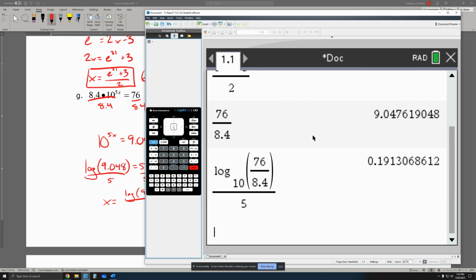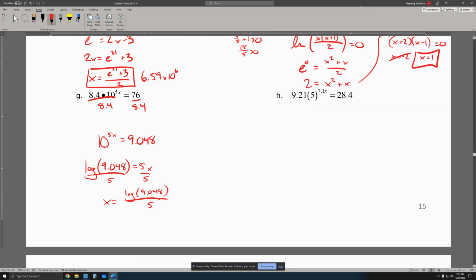So that gives us a decimal approximation of about 0.191. Okay. This is an exponential equation, so domain is all real numbers. So this solution is not extraneous.